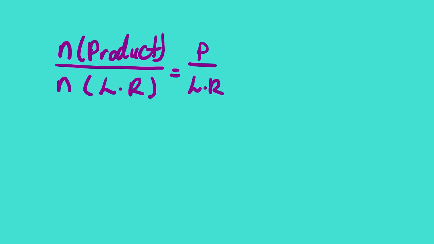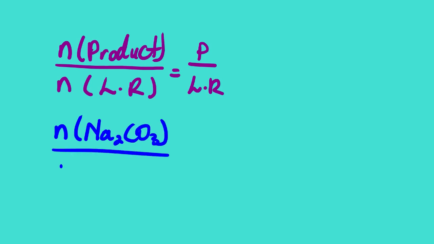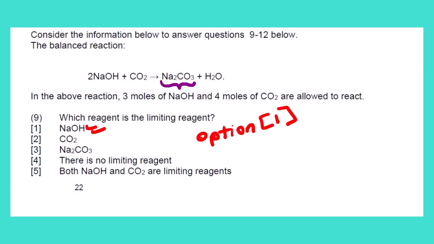The ratio is the coefficients. So number of moles of sodium carbonate over number of moles of sodium hydroxide equals 1:2. You can double check the balanced equation. So you can see that we have 2 and 1.